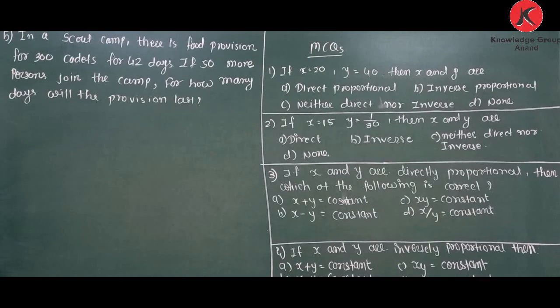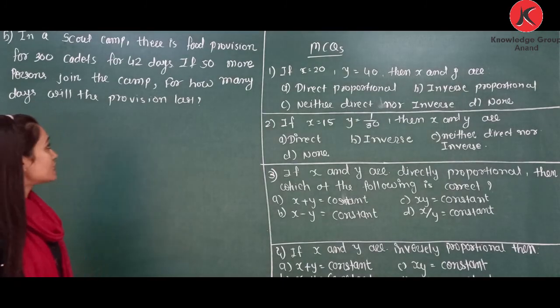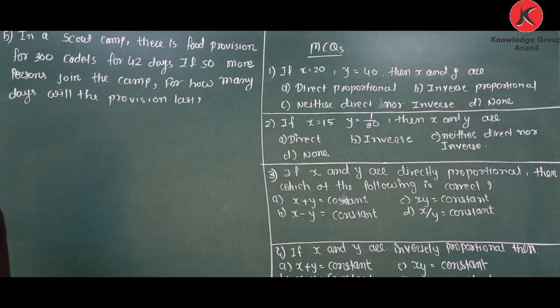Now next question. In a scout camp, there is a food provision for 300 cadets for 42 days. If 50 more persons join the camp, for how many days will the provision last? So if 300 persons are there, then food will last for 42 days.